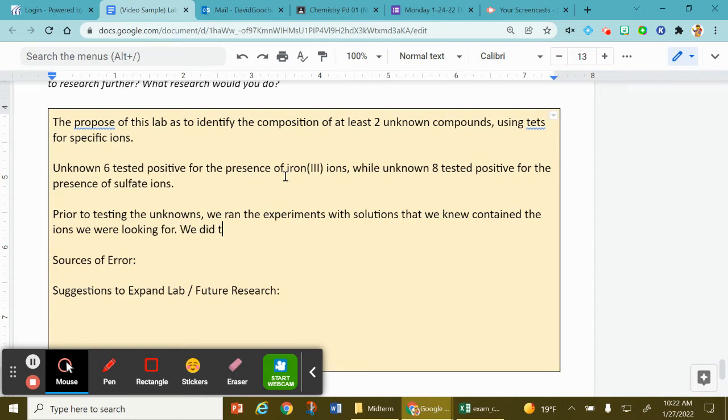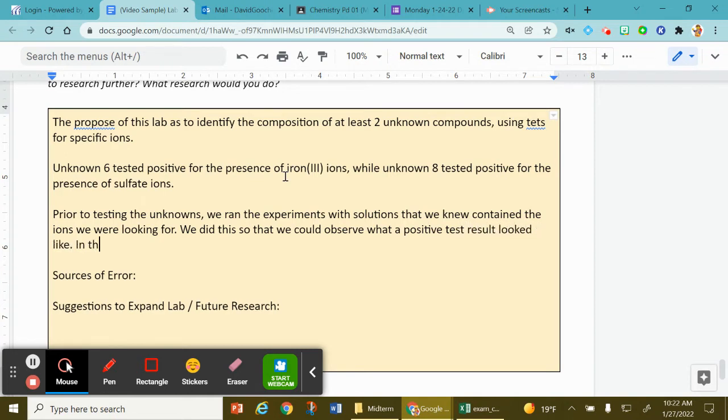We did this so that we could observe what a positive test result looked like. In the case of the iron 3 test, a positive result would look like a deep red brown solution.